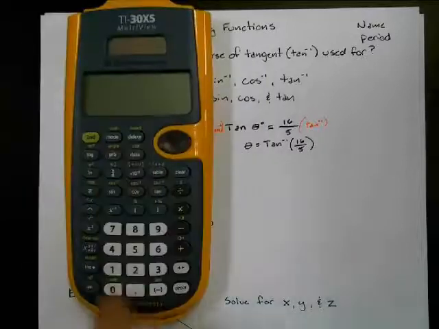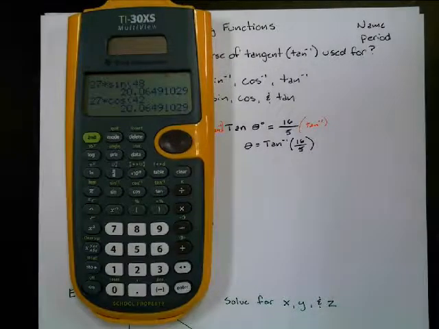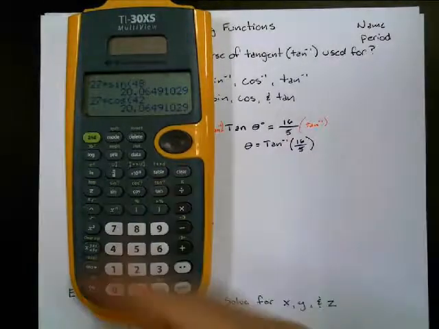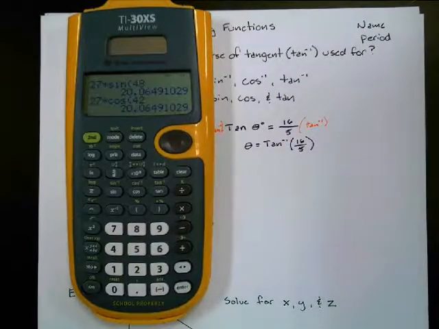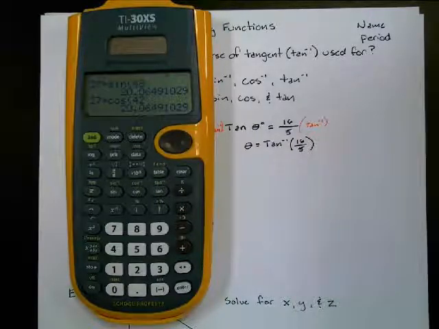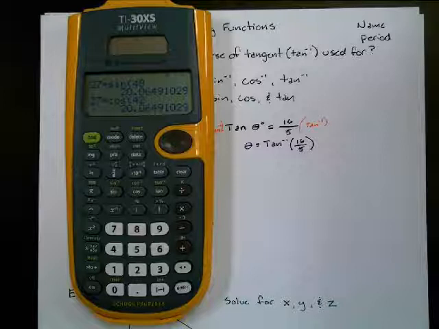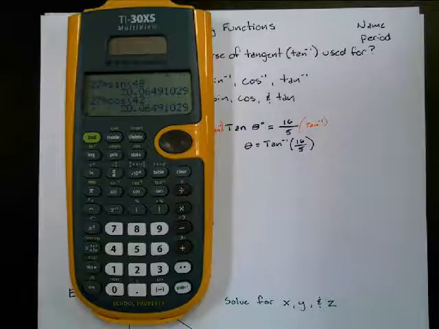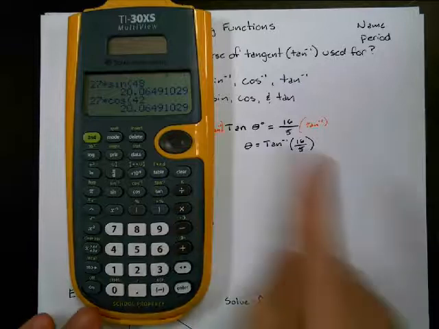Okay, calculator's on. For this one, I'll do it on this calculator first, and then I'll do it on a phone calculator, just in case you're using that type of calculator. Just like on all the other ones, we type it in exactly as we see it.